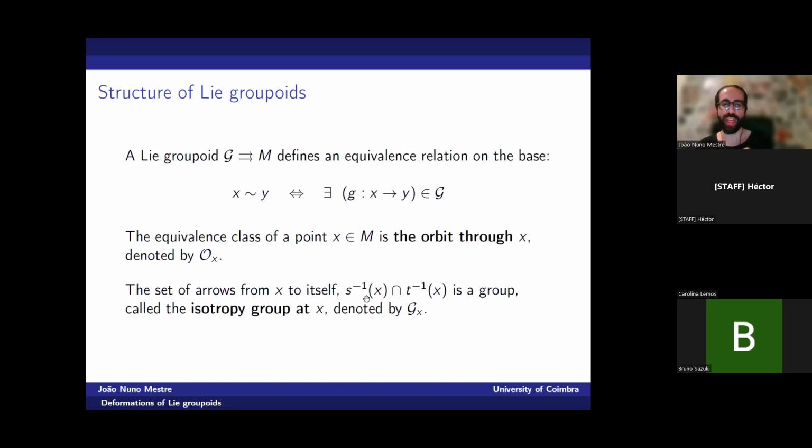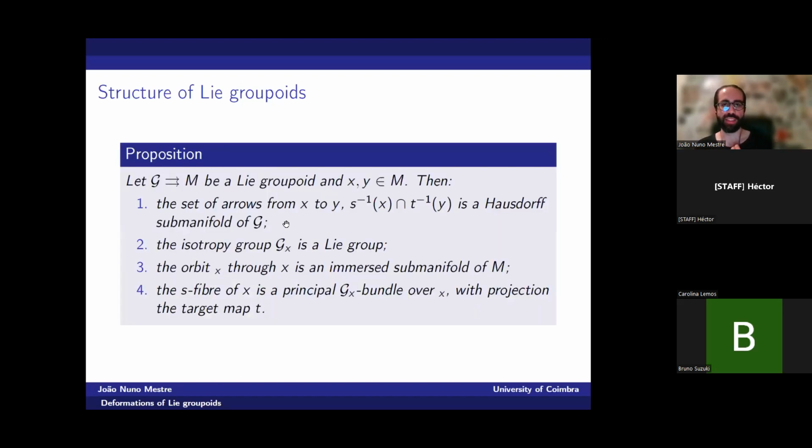And for each point, I will have a group of arrows that start and end at that point. All of those can be composed because they have the same source and target. That's called the isotropy group. This group is going to be a Lie group, and the orbits are always at least immersed submanifolds.